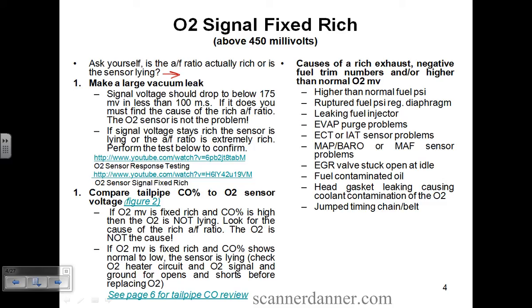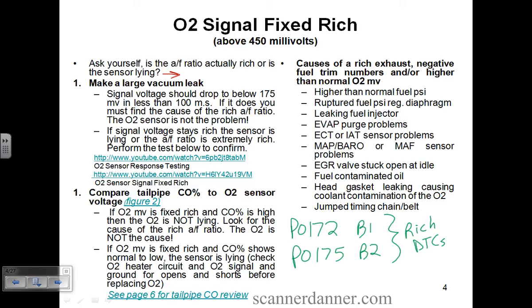So do you understand, before we would chase a rich fault code, and by the way, our rich codes are P0172 and P0175. This is bank 1, this is bank 2. And what are these? These are rich diagnostic trouble codes.